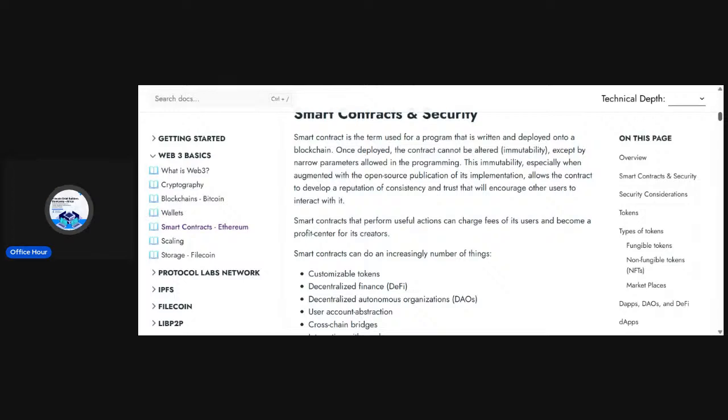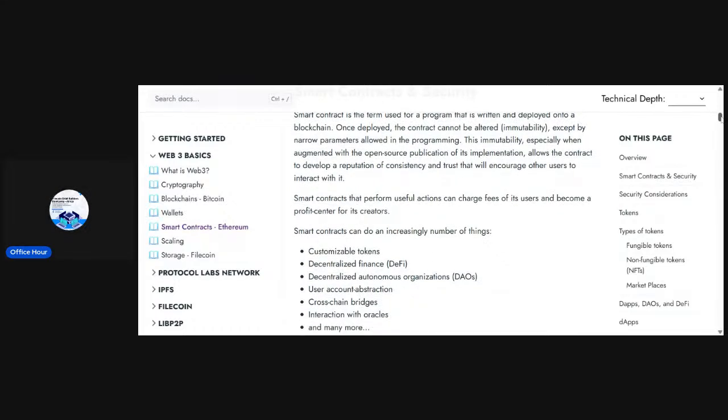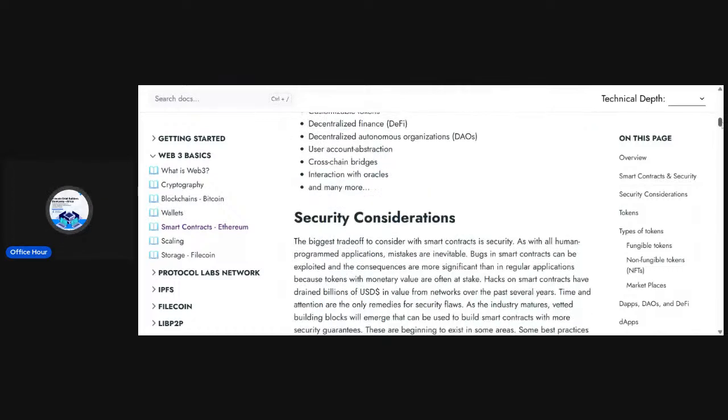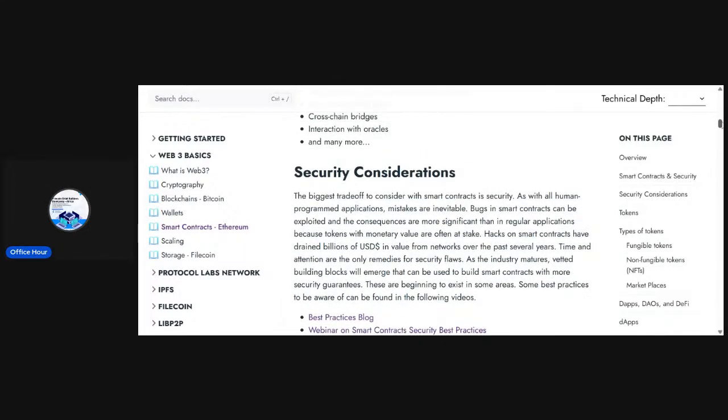So it's simply an agreement. When the agreement is met, it executes, and if it's not met, it declines. It's basically an automated agreement. So read more regarding security considerations.